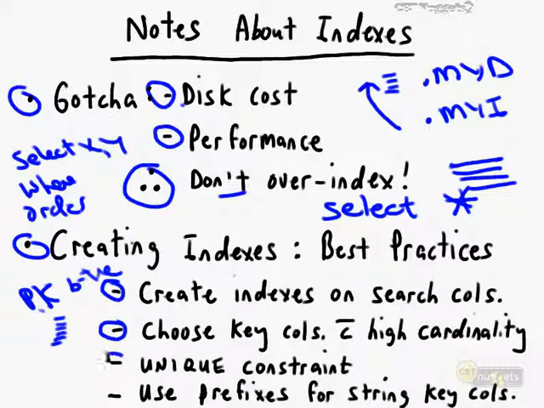Now you can force uniqueness in an index by putting on the unique constraint in your create index statement, but you don't have to have your index be unique for every column. In other words, you might decide to create an index on a column that has, say, null values in it. And as far as MySQL is concerned, null values are not evaluated equally.